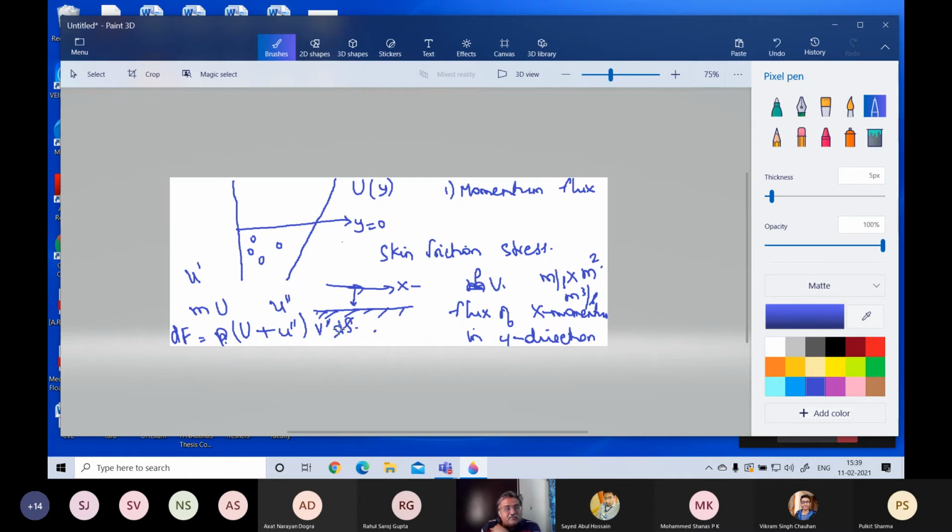This dS is the area. Once I remove the area, this rho into u plus u double prime into v double prime is actually the momentum per unit time. This is the momentum flux in the y direction, which is also the stress. So this is actually tau.